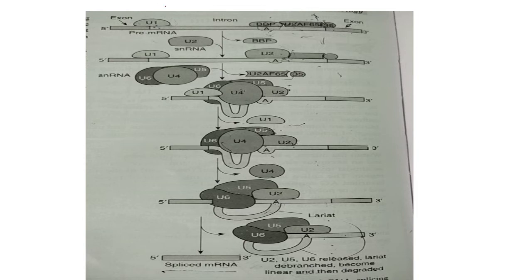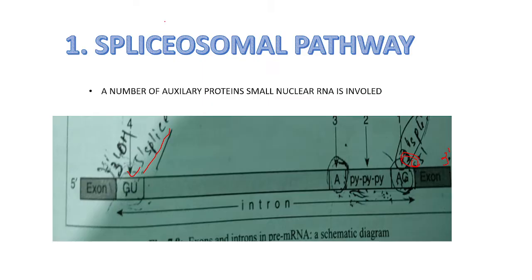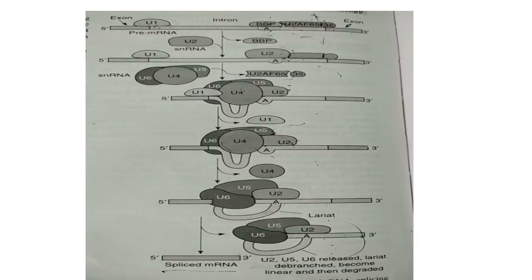What is the early complex? First the U1 will come and bind to the GU sequence. I have shown you in this diagram, this is the GU segment. So in this GU segment, the U1 snRNA will come and bind. Then the splicing factor 1, that is BBP, the branch point binding protein, will come and bind at the A site, that is the branching point site, as I have already told you.